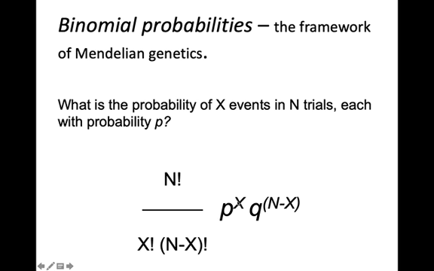So, in one particular instance where the event of wrinkled happens 1, 2, 3 in a row, it would be, whatever P is, which is actually 0.25 for wrinkled, to the 3rd power, right? And then it would be Q, which is 1 minus P, to the remaining, N minus X, right? Just remember, if it's 5 progeny and we're talking about 2, then in this particular case, N minus X would be 3.